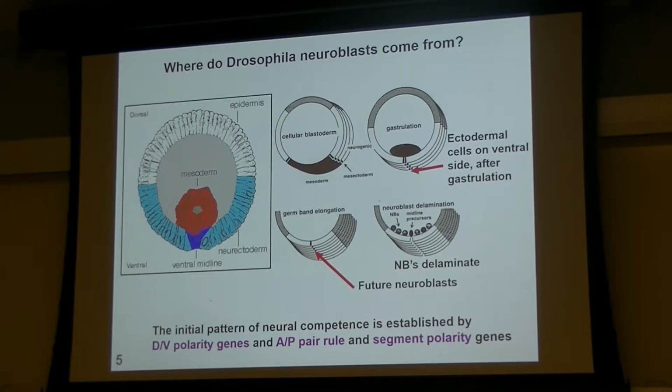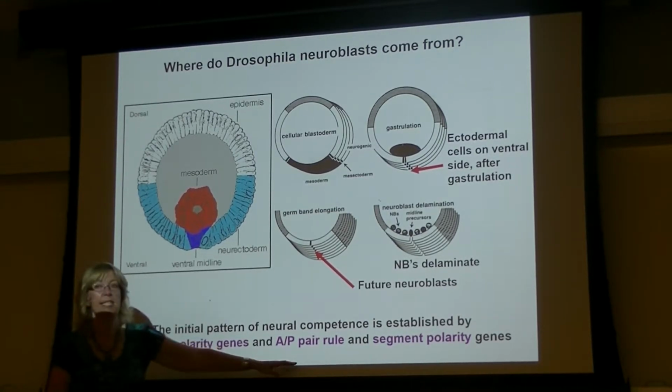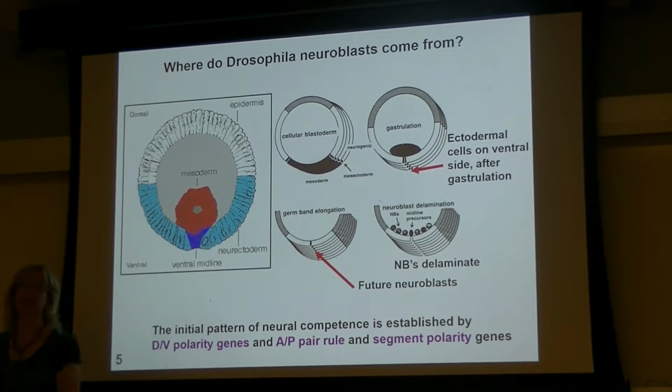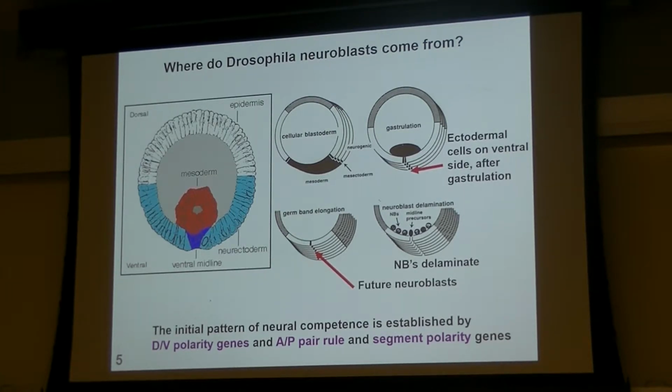So that's just a little bit of background for what we're going to talk about, and also to relate that to something we talked about earlier: these dorsal-ventral polarity genes, the pair-rule genes, and the segment polarity genes. Those are all transcription factors, and they're going to be important in establishing this. So it's a hierarchical sort of thing here.